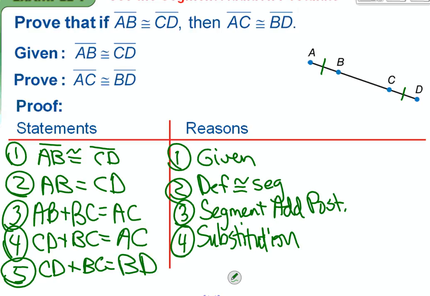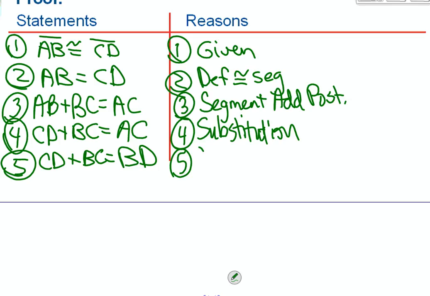And that is going to be the segment addition postulate. When I'm looking at the picture and I'm saying the little piece here plus the little piece there is equal to the whole thing. So this is segment addition postulate. And I shortened it up a little bit from last time.